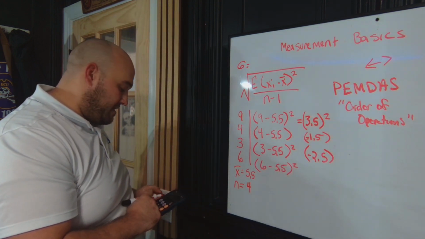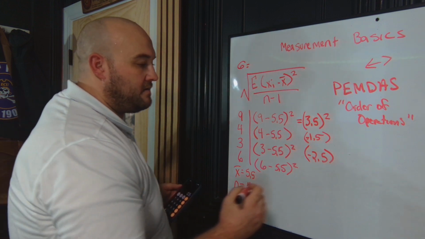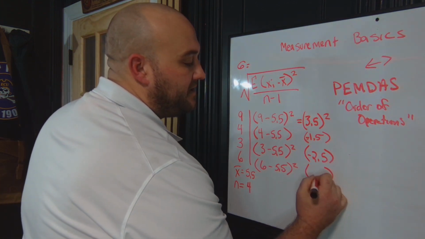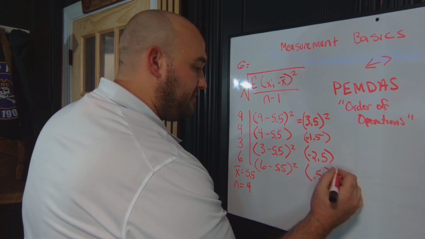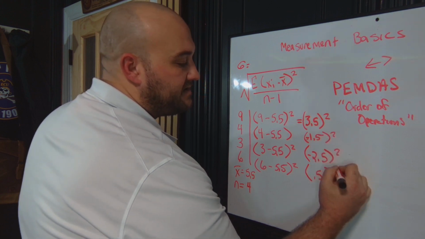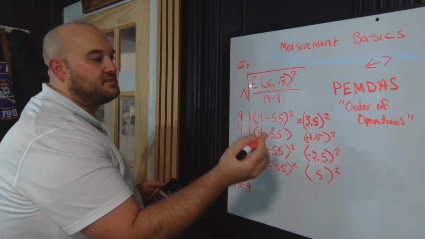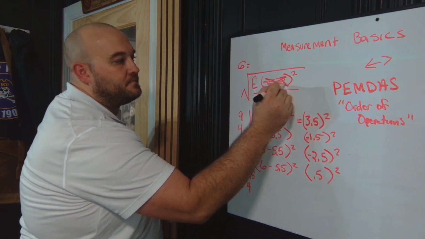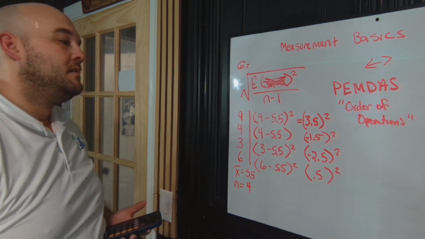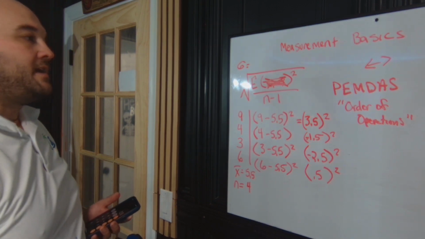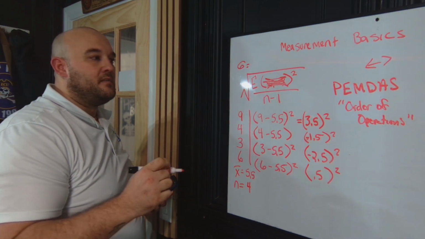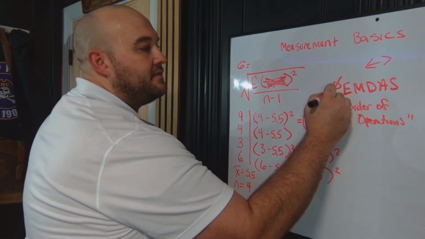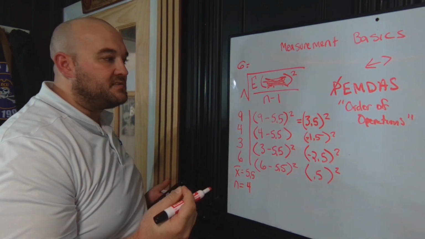And 6 minus 5.5, I know that's going to be 0.5. So I'll add squares to these, because what we've done is we've eliminated this part of the equation. We haven't added them up yet, but now we go from parentheses to exponents.